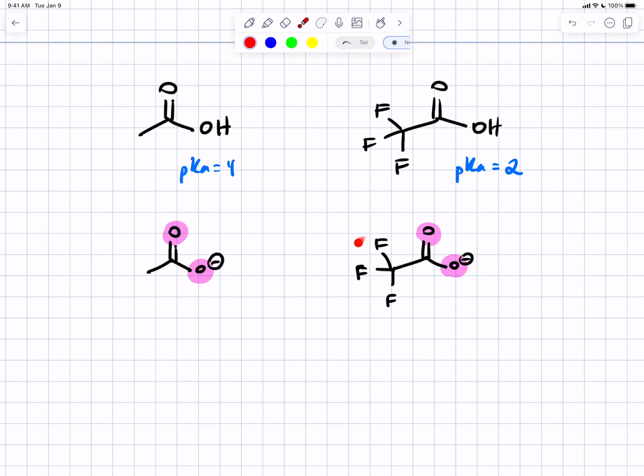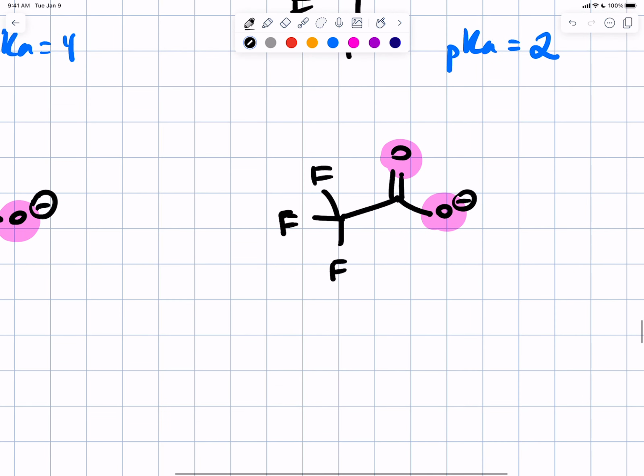It's the presence of these fluoro groups adjacent to the carbonyl, or the carbon that's involved in the double bond to oxygen. We'll call the carbon that's adjacent to the carbon doubly bonded to oxygen the alpha carbon.